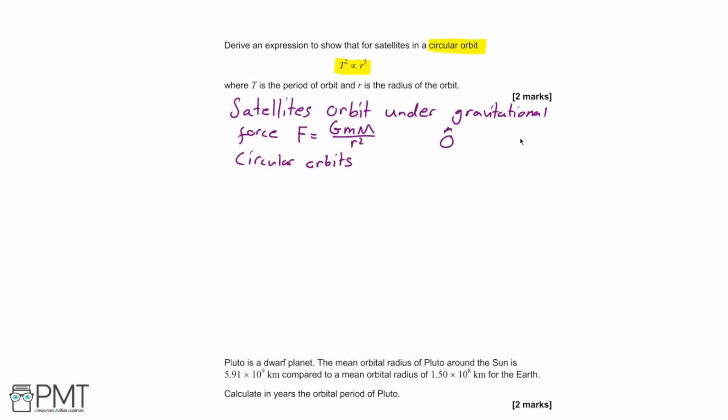This is like having a small mass and a big mass. So our small mass m will be the mass of the satellite. This will be the mass of the planet that it's orbiting about, like so, and then the distance between them is r.